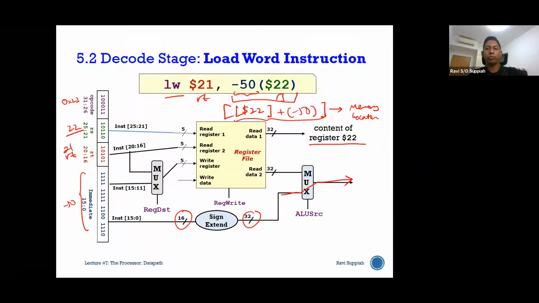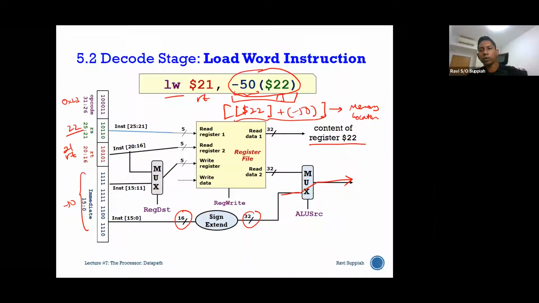The address that we are going to point to is specified by the content of register 22 added with the offset. The format of the instruction we have gone through before in earlier classes. So 22 means the content in register 22, added with the offset -50, and that gives me the final address of where I want to point to in memory.